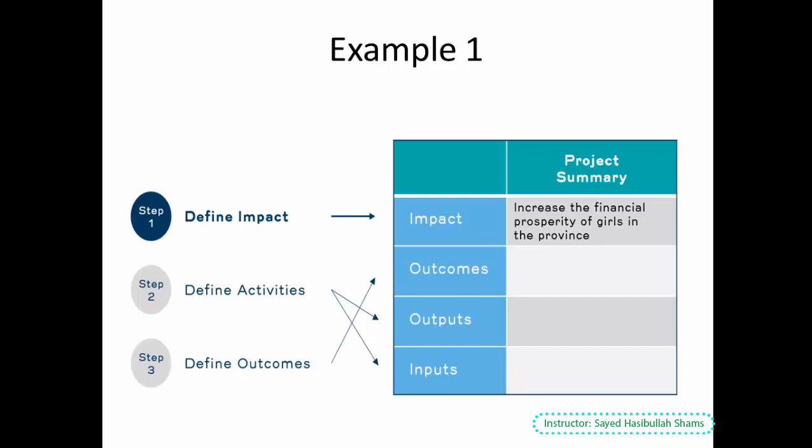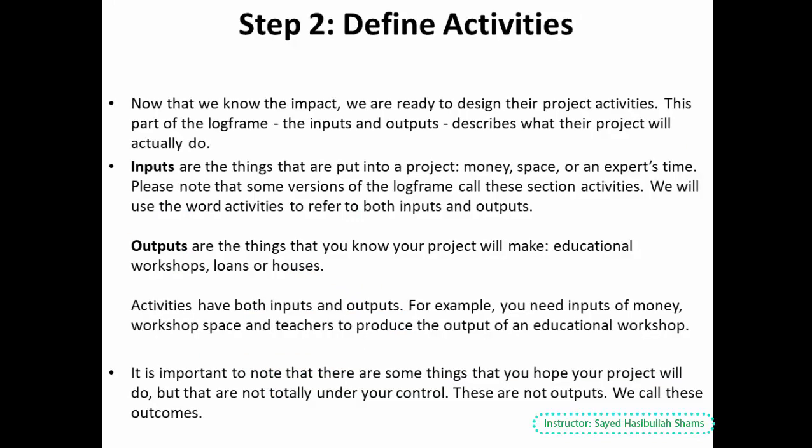So what should we do? The next step is we must define activities. In activities, we learned in the previous slide that there are inputs and outputs. Inputs are the resources that we use for a project or activity, for example, money, space, time, machinery, and other resources.